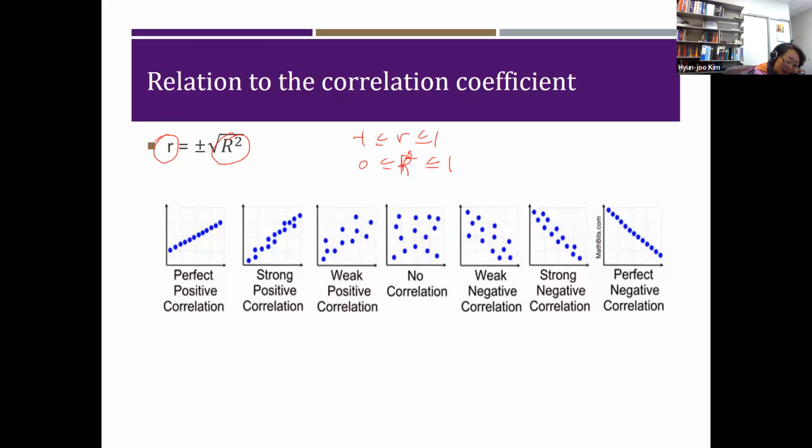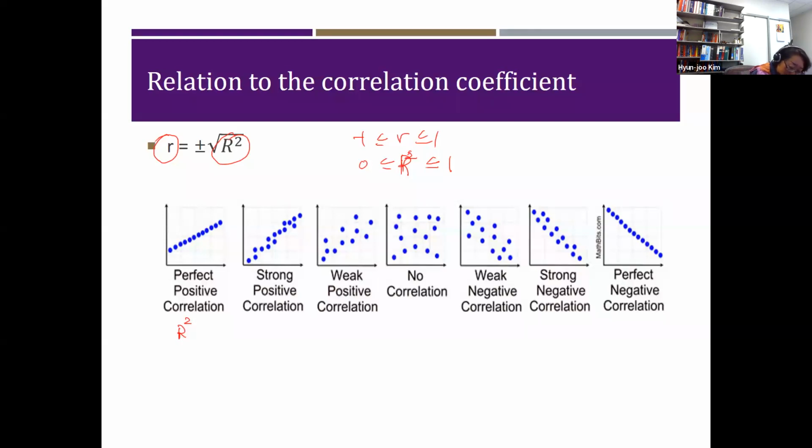Let's think about these seven different scenarios here. It's a graph we looked at in section 4.1 and we're revisiting it now. Here we're going to start from R square, since we just talked about it. If it's a deterministic model, how much variation can we explain with a line?